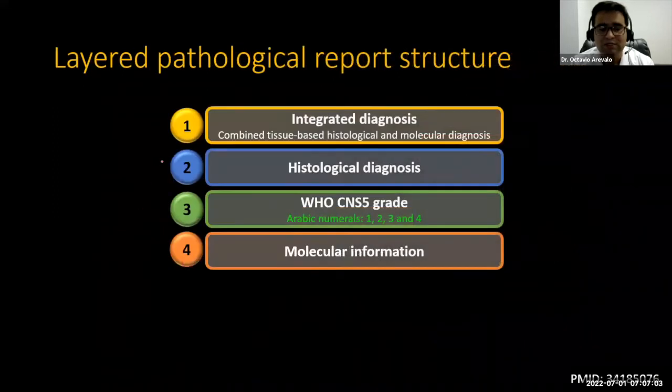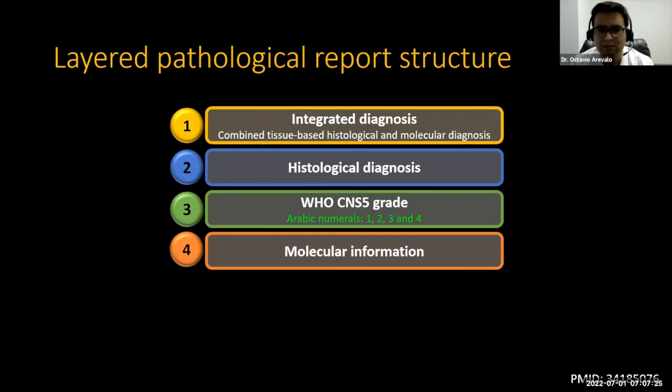So the new classification proposes a layered pathological report structure. And what that layered means is that they propose 4 layers of information in the final pathological report that we as radiologists have to be familiar with. So, the first and top layer is the integrated diagnosis.